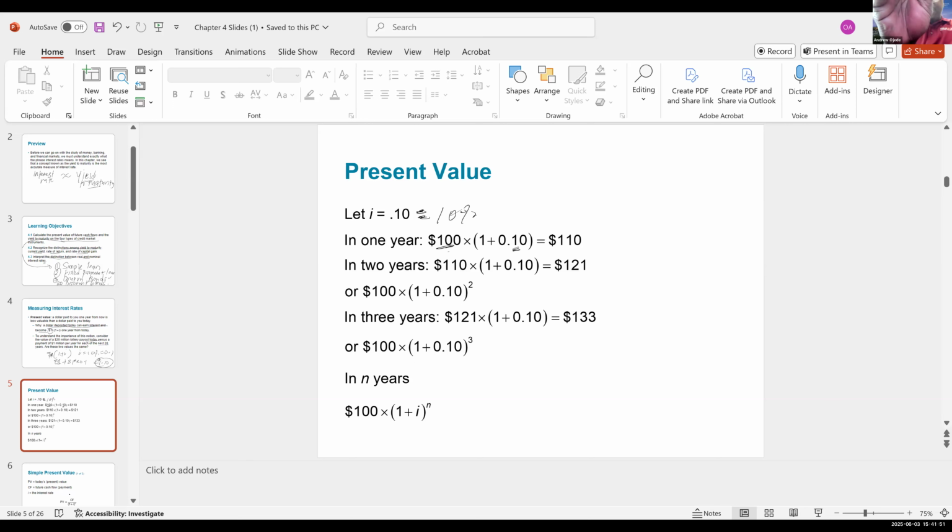Because $100 times 1 is what you put in, the principal you put in the bank on January 1, say 2025. And $100 times 0.1 is the interest portion that will have accrued on your $100. So at the end of year 1, you're going to end up with $110, which is what you put in, 100 times 1, plus the interest portion, which is $10.